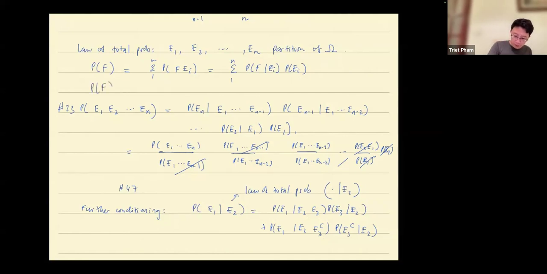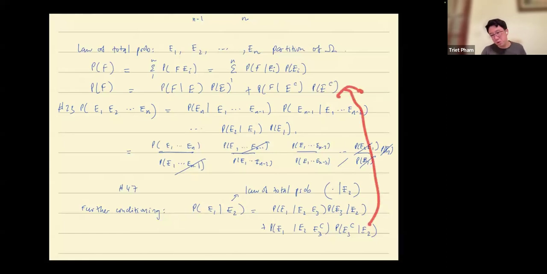Then the probability of an event will be the probability of the event conditioned on E times P of E, plus the probability of the event conditioned on E complement times P of E complement. Okay, like that. So you see, this is a generalization of that, if you will. So instead of just having P of F, now you have P of F conditioned on E2, let's say.